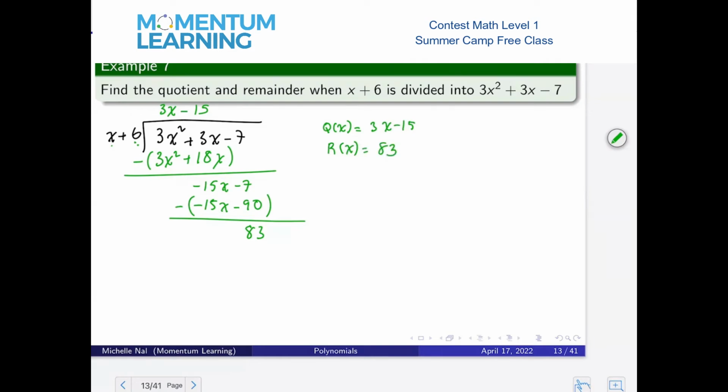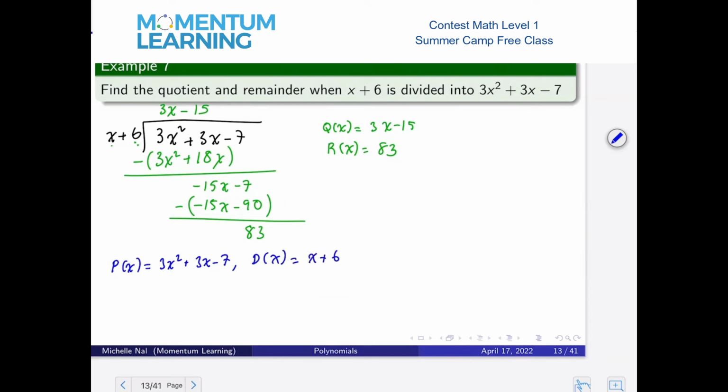Now, this is one way to solve the problem. The other way is, let's use the division algorithm we just learned in the beginning, right? So we can say that our polynomial, let's say p of x, is equal to 3x squared plus 3x minus 7. And our divisor, if I knew the quotient, I wouldn't be dividing. So the divisor is x plus 6.